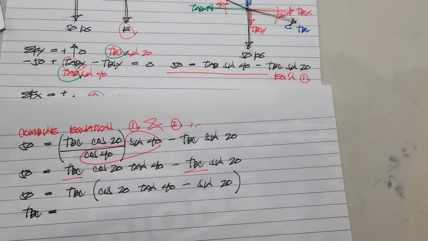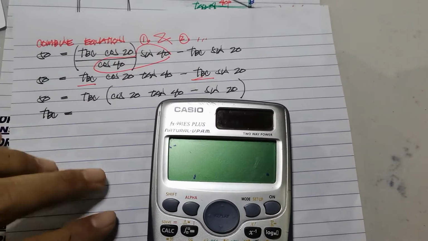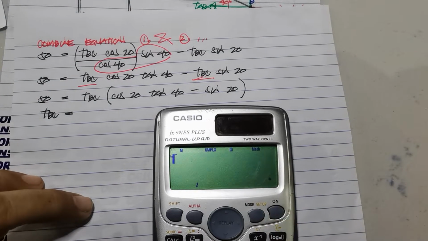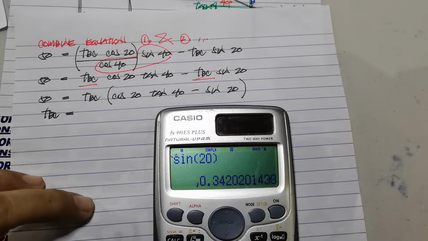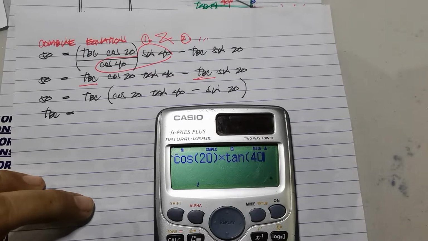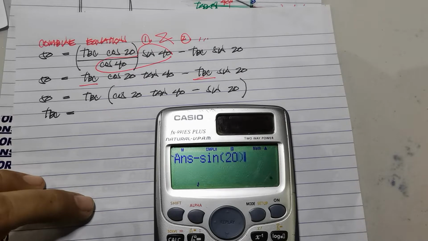TBC. So tension on the part of TBC, you have what? You have cosine ng 20 times tangent ng 40 minus sine ng 20.